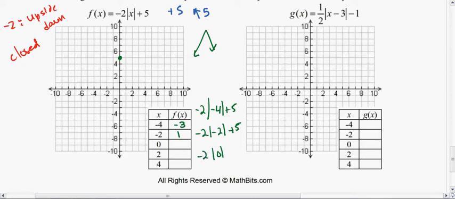Absolute value of 0 is 0, times negative 2 is still 0, plus 5 is 5. Absolute value of 2 is 2, times negative 2 is negative 4, plus 5 is 1. And I'm running out of space here. Absolute value of 4 is 4, times negative 2 is negative 8, plus 5 is negative 3 again. So go ahead and graph those points.